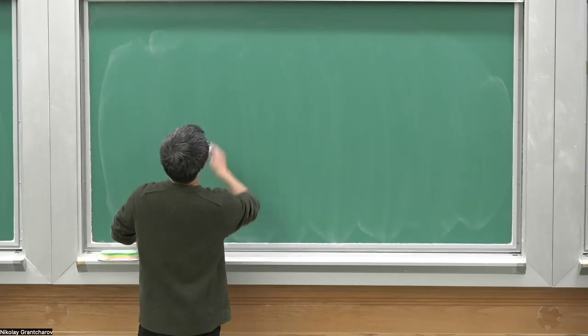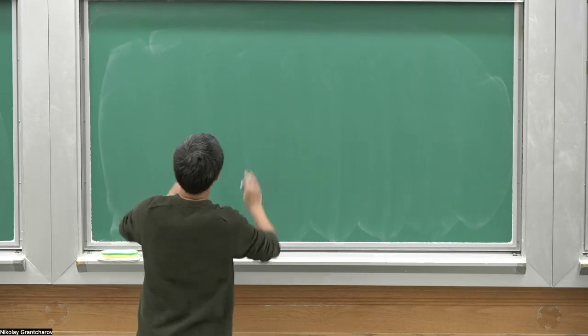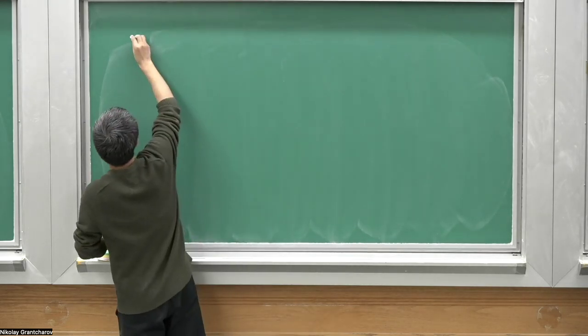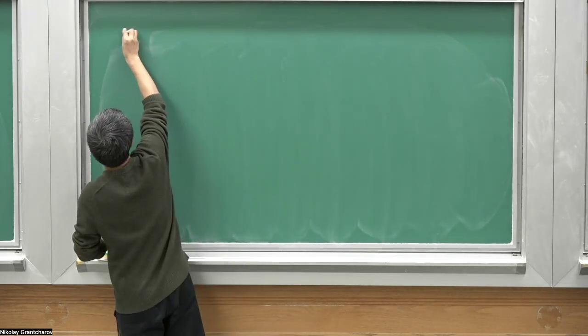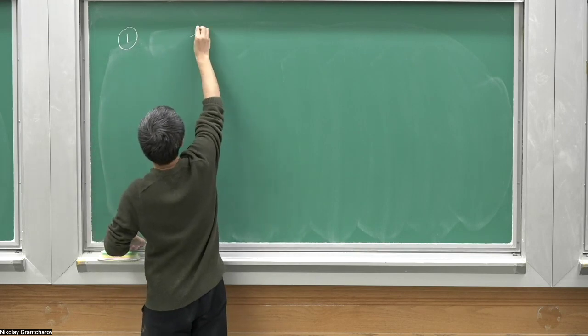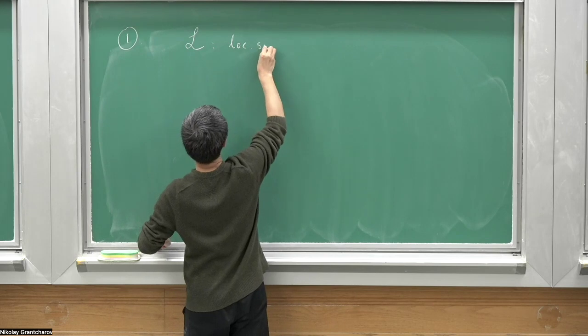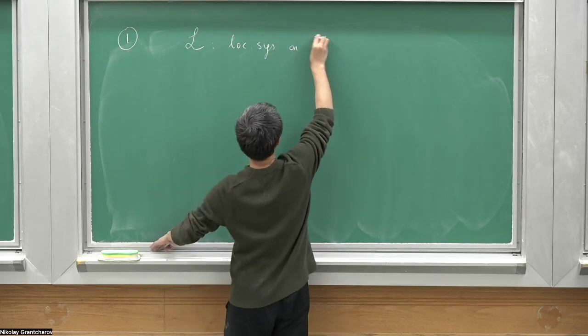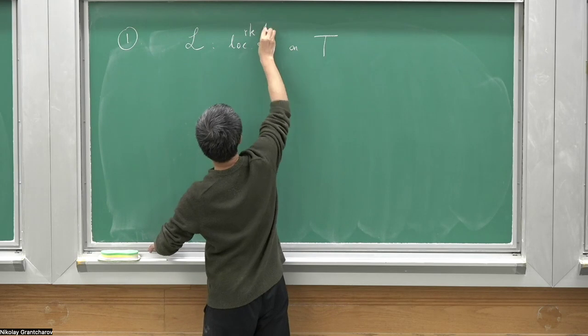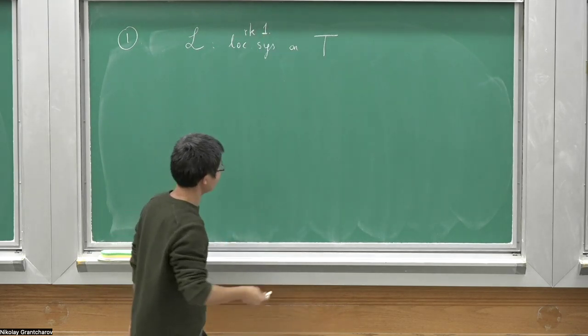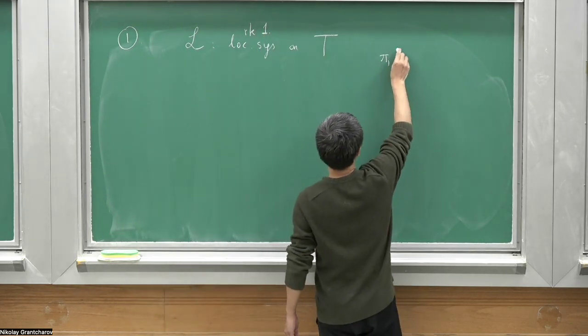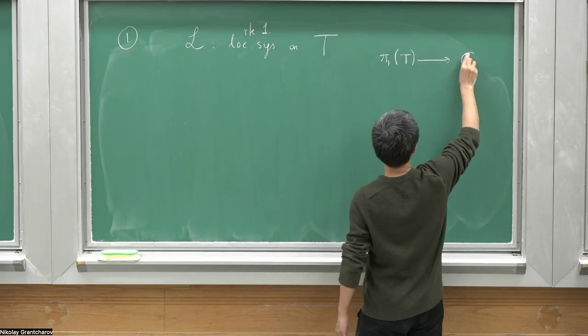So let's first look at this strict monodromic situation. This L is a local system on T, a rank 1 local system. That's by homomorphism.